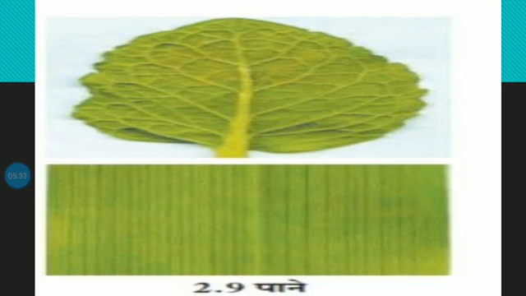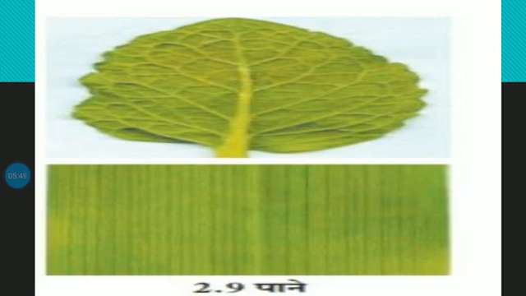Reticular venation means जाळीदार शिराविन्यास and parallel venation means समांतर शिराविन्यास. Okay, so this is the difference between these two plants.